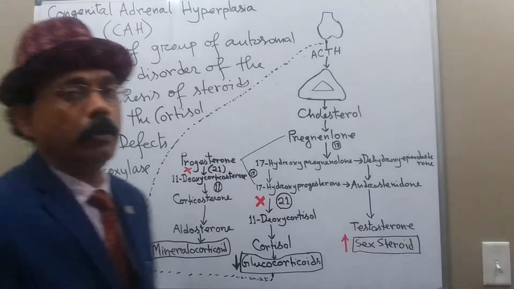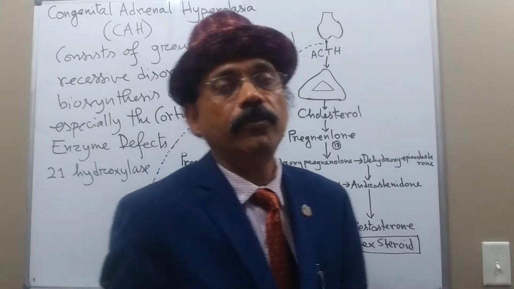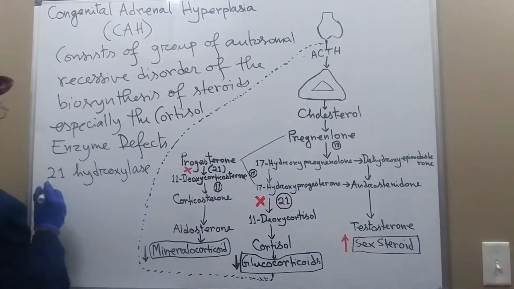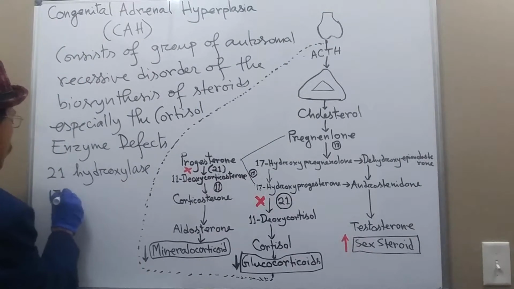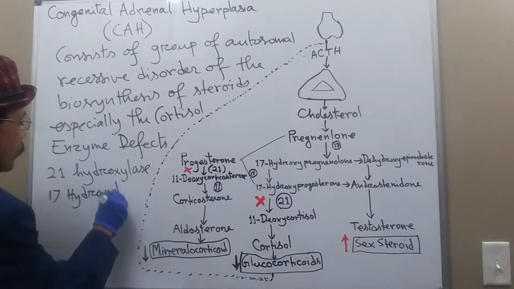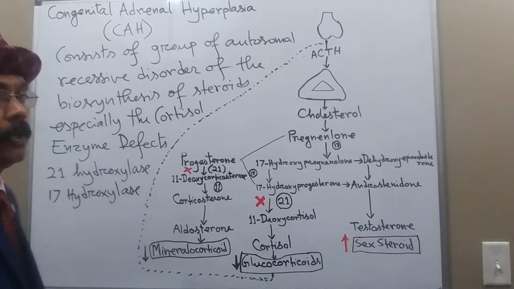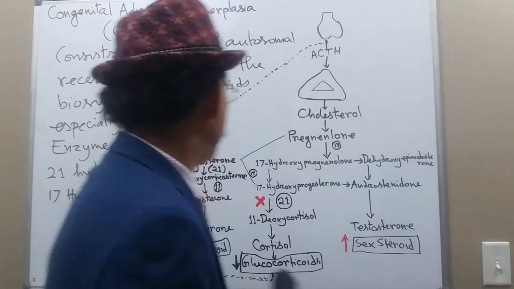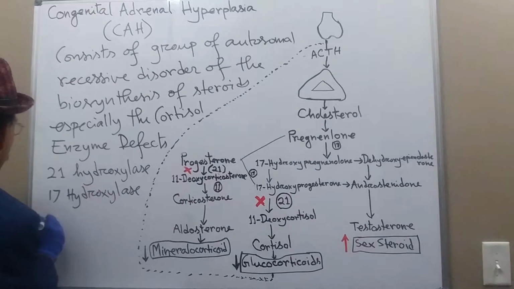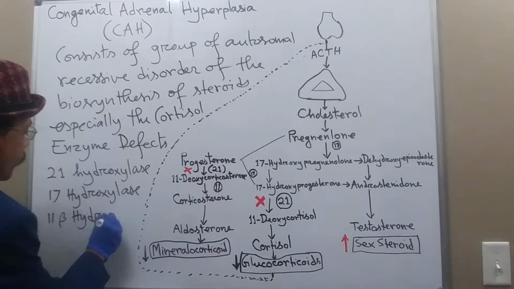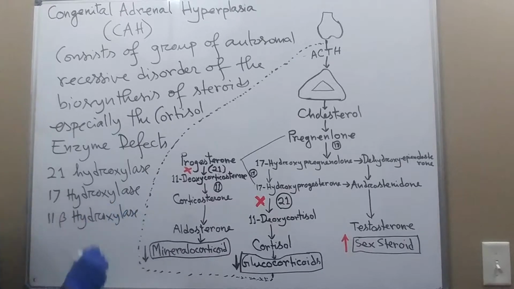We have other enzyme deficiencies like 17 hydroxylase deficiency. Another one is 11 beta hydroxylase deficiency.